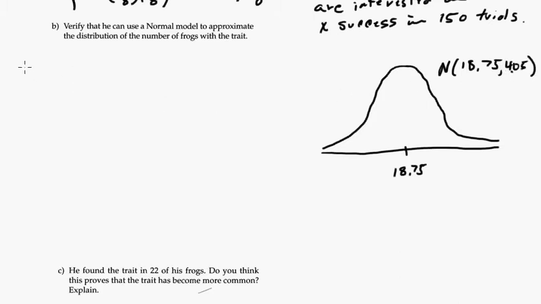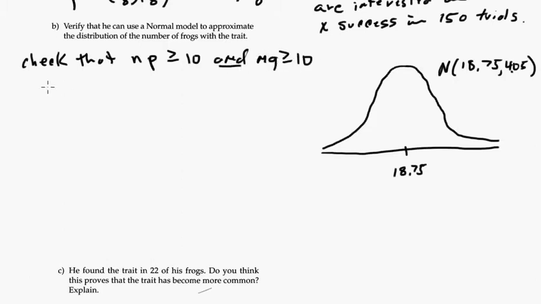To do that, we have two conditions to check: that np is greater than or equal to 10 and nq is greater than or equal to 10.